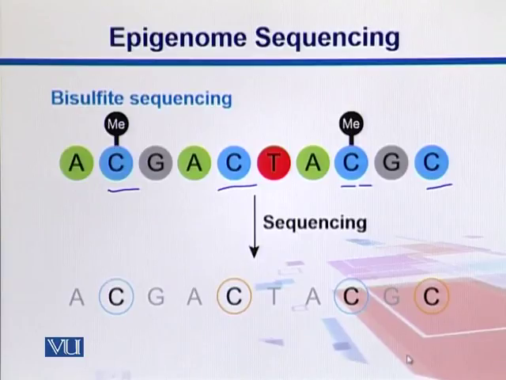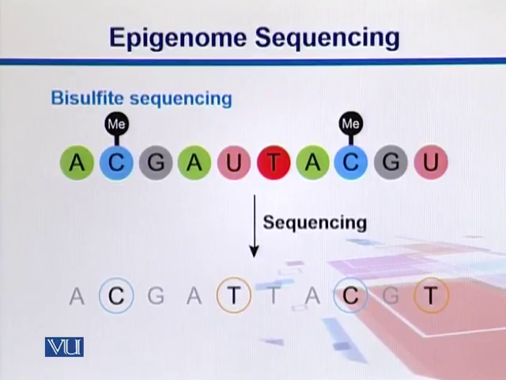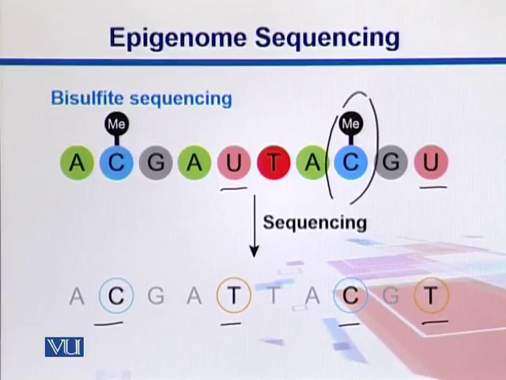What it does is convert those C's which are not methylated into U's, and then when they are sequenced, they become T's. The ones which are methylated remain as C's, but the ones which are not methylated become T's. In this way, by comparing these two fragments with one another, we can identify where we have methylation patterns, which are right here in these two C's.